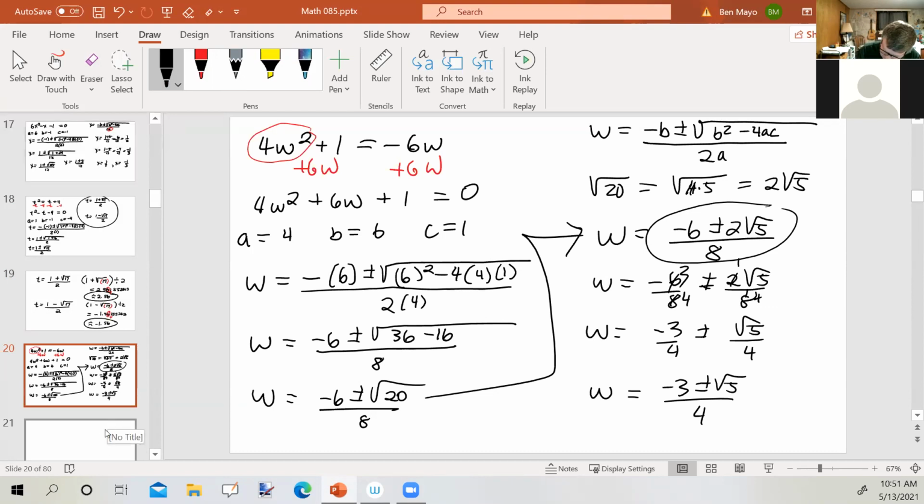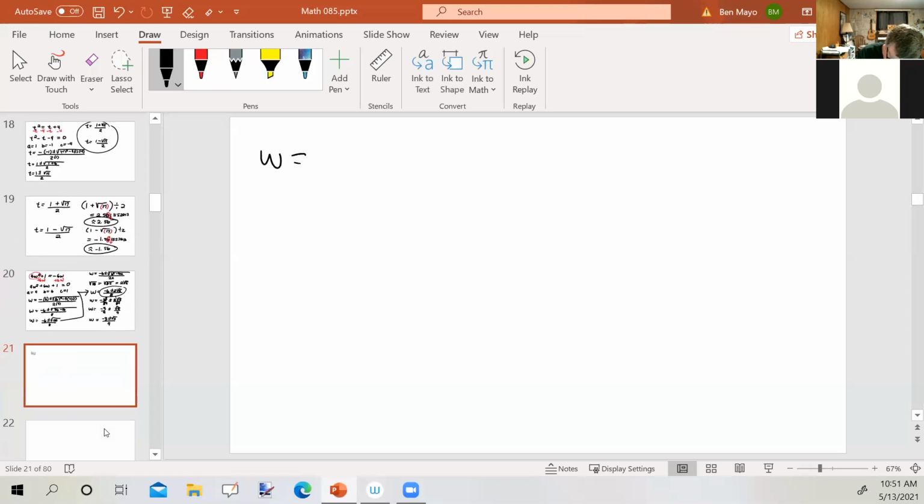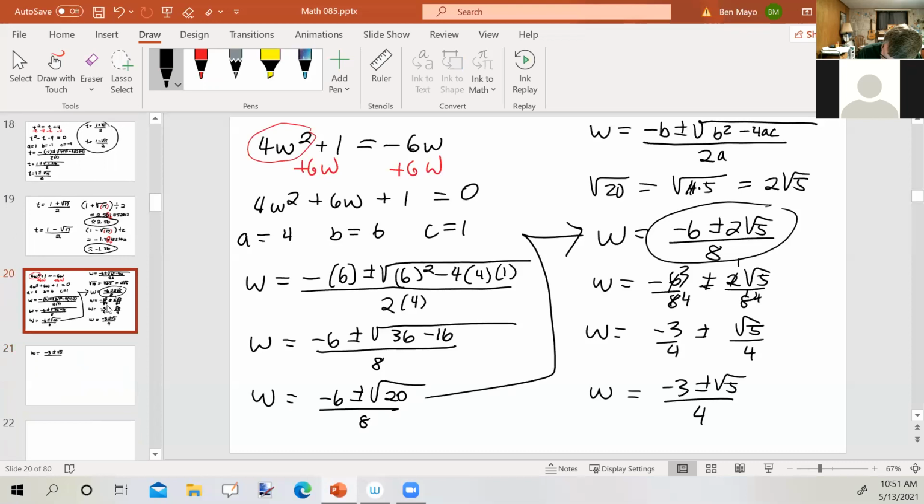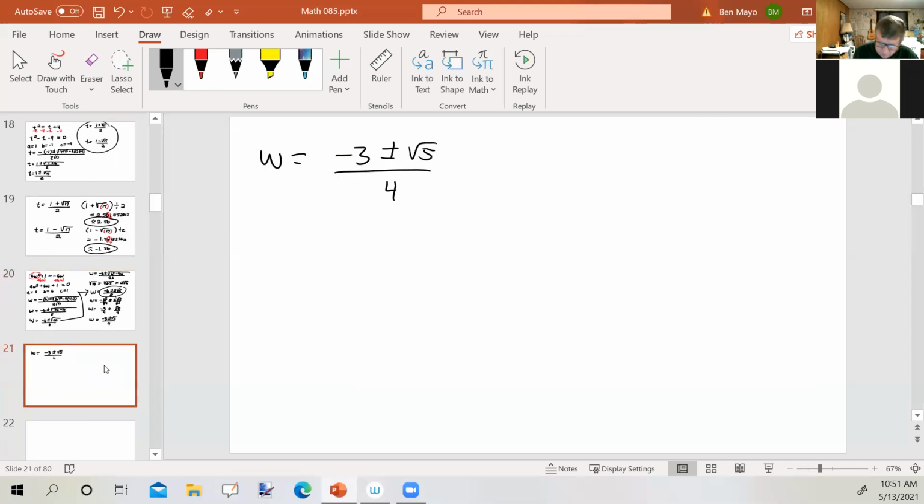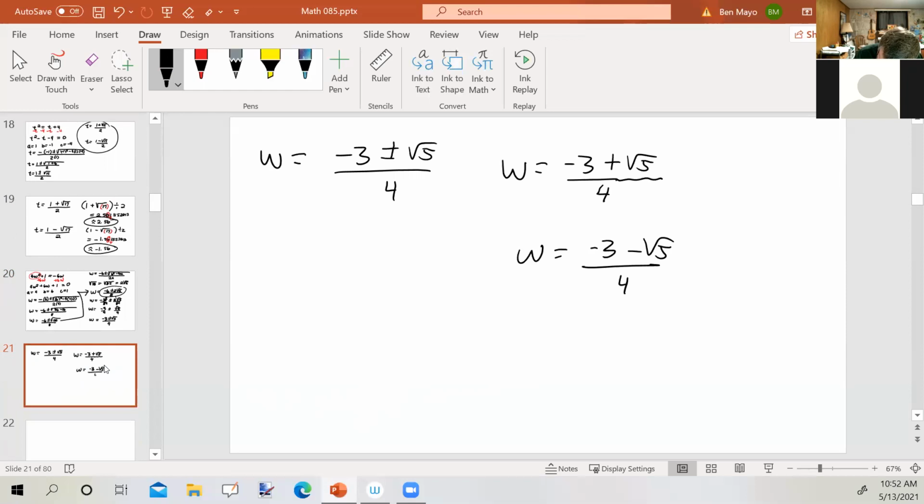Okay, so there's our two exact answers. I'm going to copy those on the next page. W equals -3 plus or minus the square root of 5 all over 4. So my two solutions, W equals -3 plus the square root of 5 over 4, and W equals -3 minus the square root of 5 over 4.